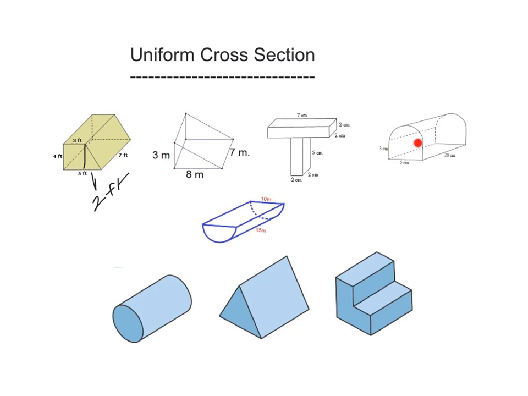Now this object here, again you get the area of this cross section. So that's made up of a rectangle and a semicircle. So the rectangle is easy, you just multiply 3 by 5, you get 15 cm squared.